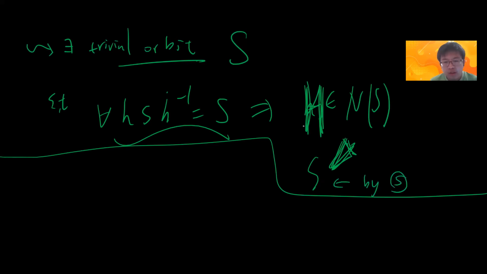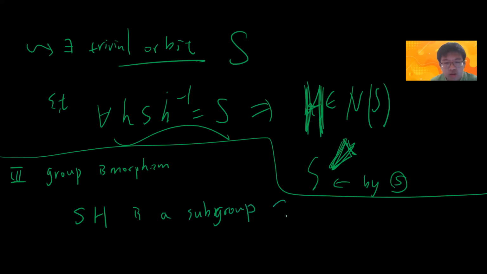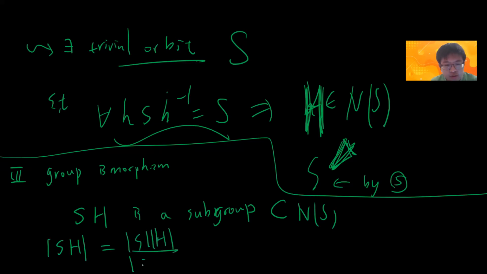So by the third isomorphism theorem, SH is a subgroup of N of S, and SH is just S times H.